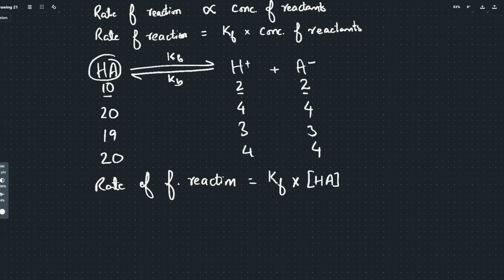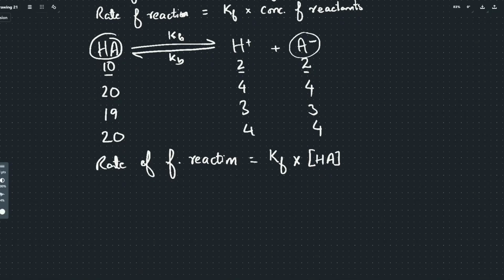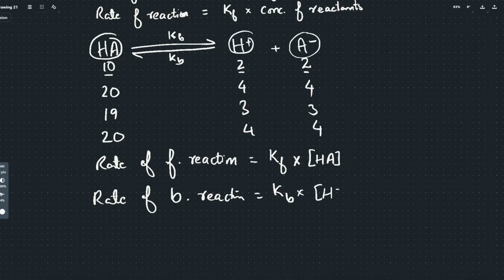And if we go backward, let's suppose we add this ion, and this might go backward. So if we write the equation of rate of backward reaction, we can write kb into the reactants here. We can write it like this: H positive and A negative.